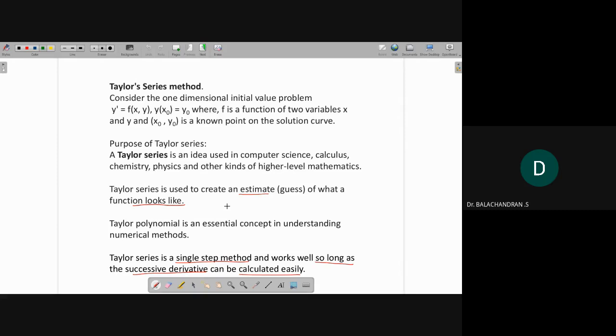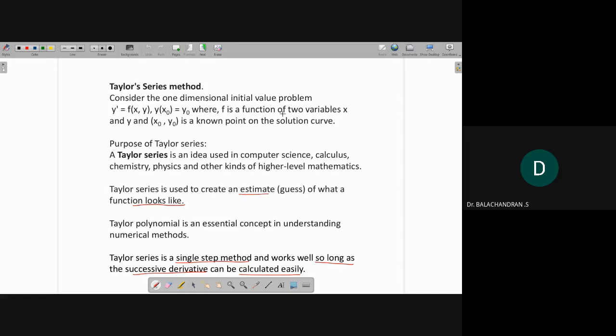So the first method to solve the differential equation is the Taylor series method. We studied the Taylor series in semester 3 in analytic functions. Now, using the Taylor series method, we are going to solve the differential equation.